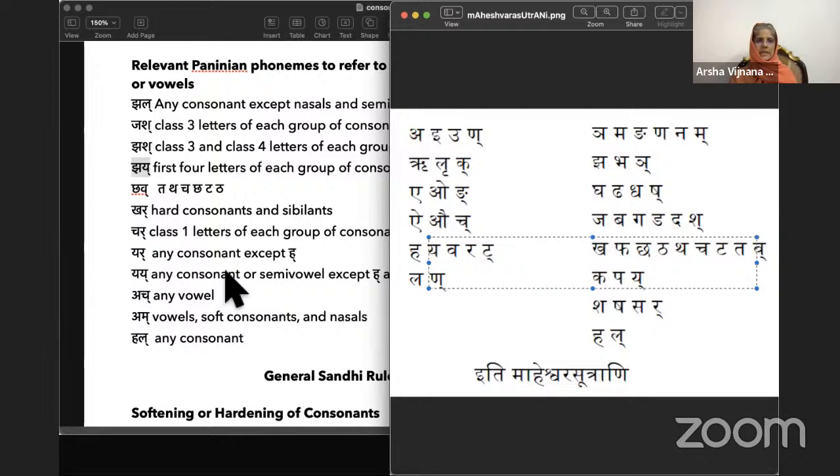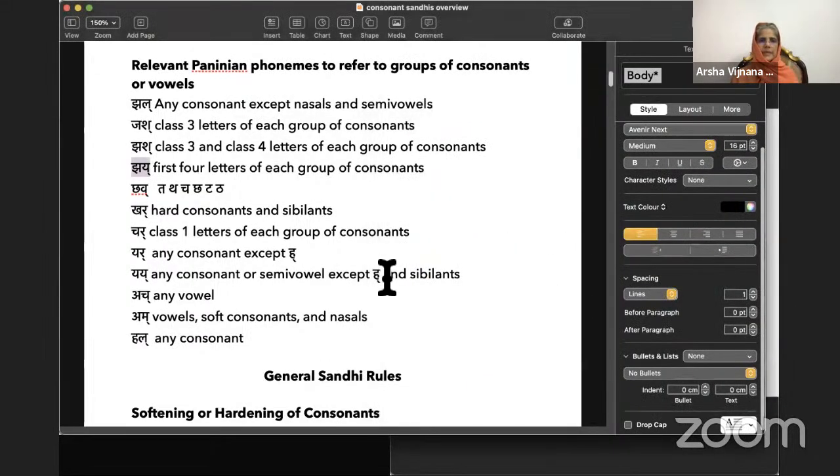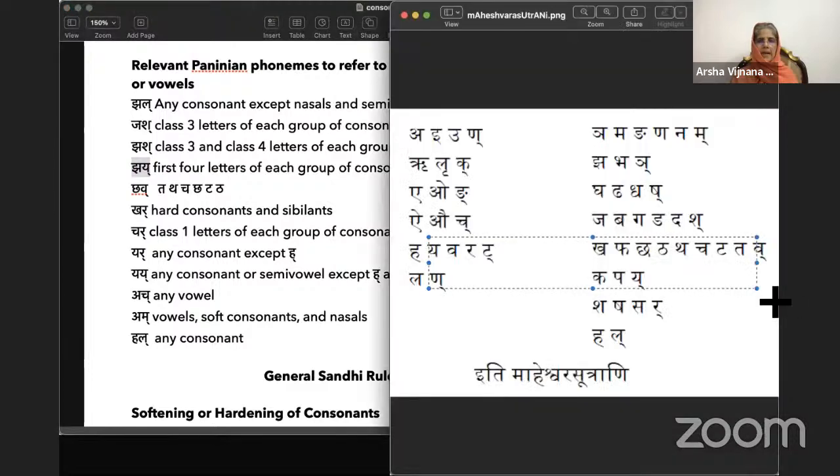So yai is any consonant or semi-vowel except 'ha' or the sibilants. All consonants and semi-vowels except 'ha' and sibilants.